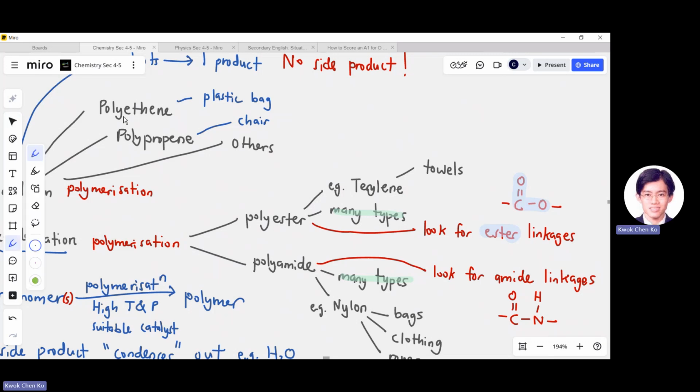Okay, here's the thing. This tends to be a single piece of plastic. Like a plastic bag, it's a single piece. Of course, you can stretch it, but it's still a single piece. A chair, the one that you're sitting on right now, is a single piece too.